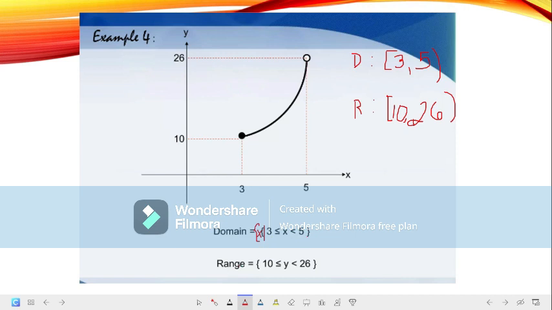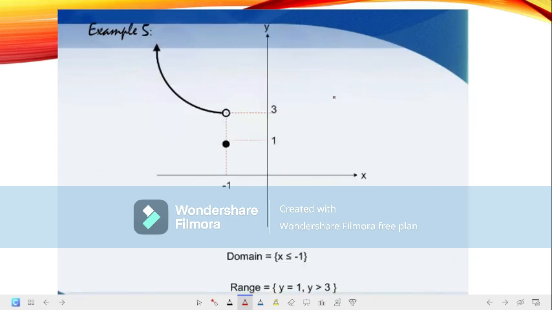For the range, we have the set of all y's such that y is greater than or equal to 10 but less than 26. Okay, I hope everything is clear. And let us proceed to example number 5.